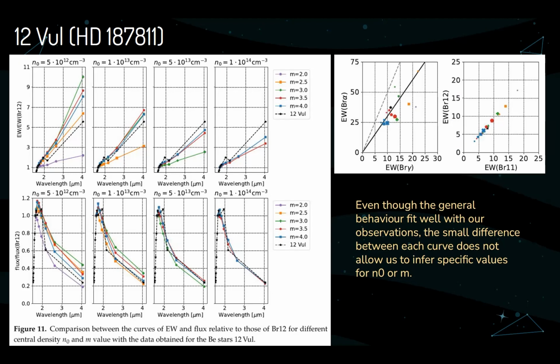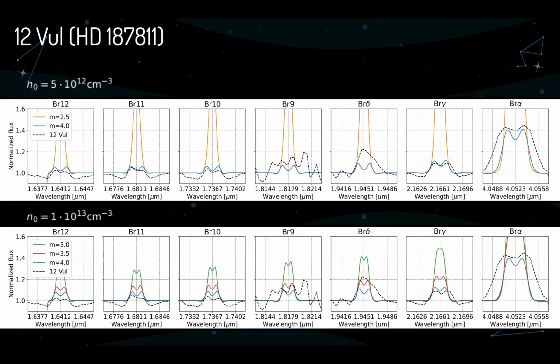There is one that is closer to our data, and other curves that are not good at all. But if we see the spectra, there are some that fit quite well, but others that do not fit at all. The orange is for sure not a correct option.